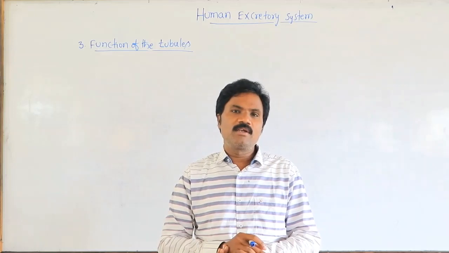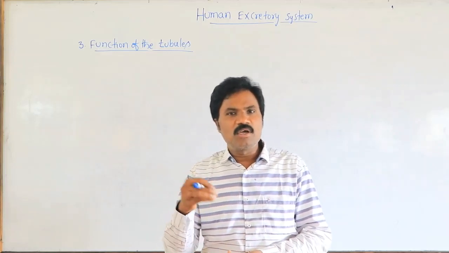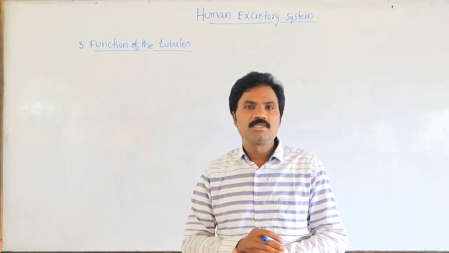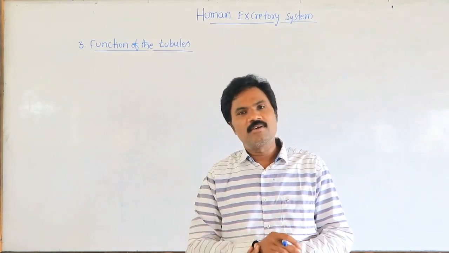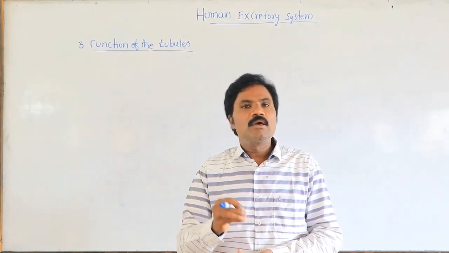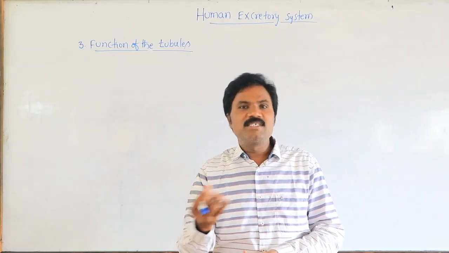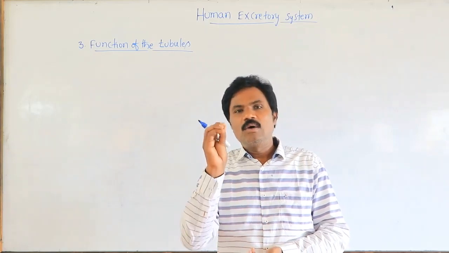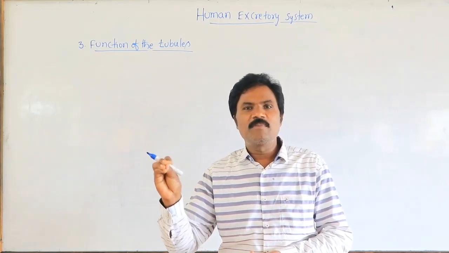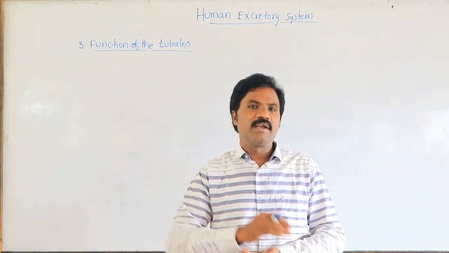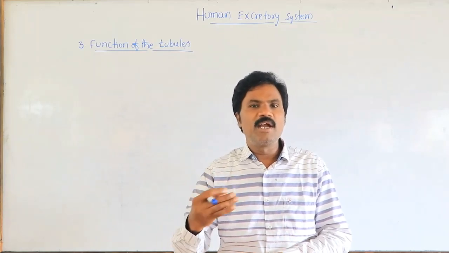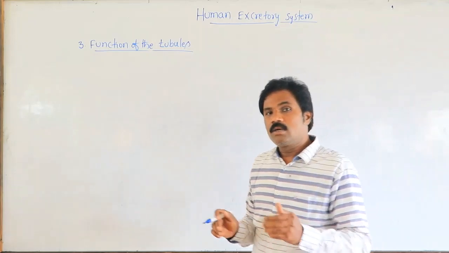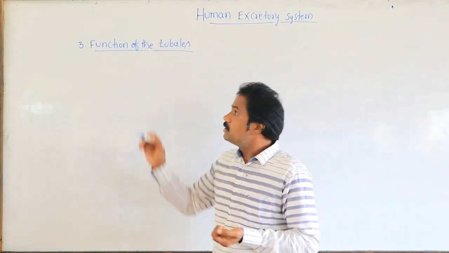Of that 180 liters, 99% is reabsorbed in the renal tubules, the tubular part of the nephrons, and only 1.5 liters is excreted as urine, eliminated from our body.